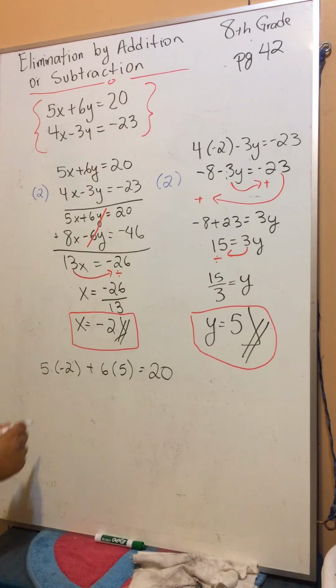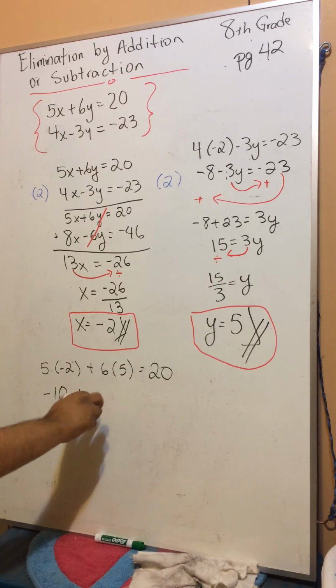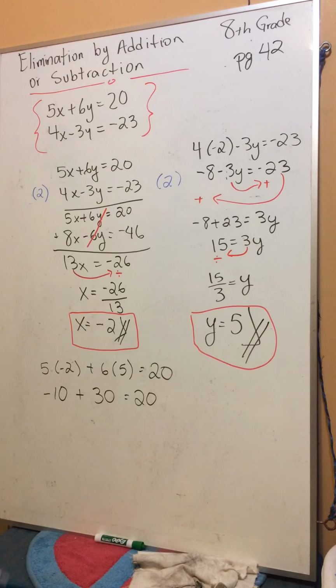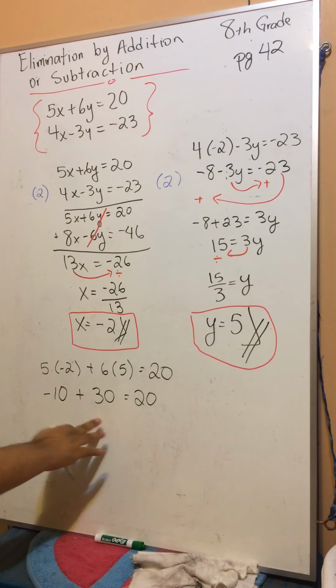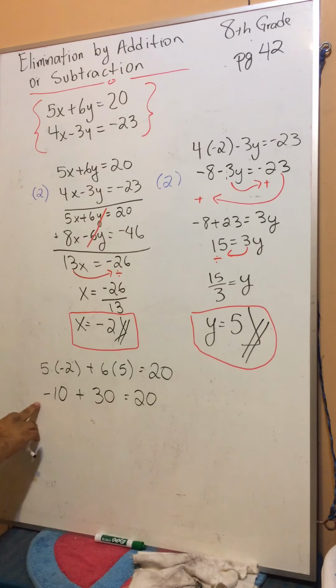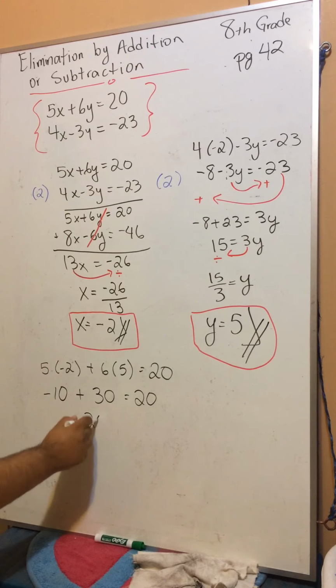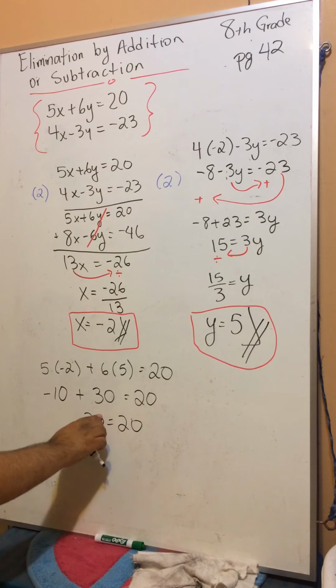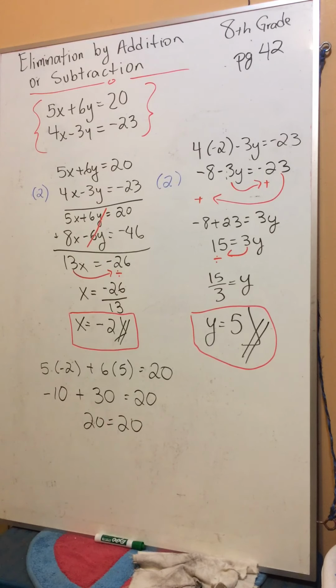Let's check if this is correct. 5 times minus 2, positive times negative, is going to be negative 10. Plus 6 times 5 is 30, is equal to 20. Minus 10 plus 30 is the same as saying 30 minus 10, so we have that 20 is equal to 20. That's how we know that our answers are correct.